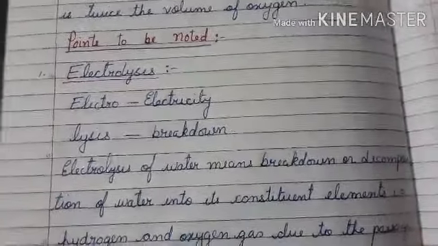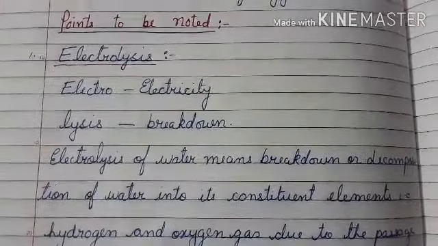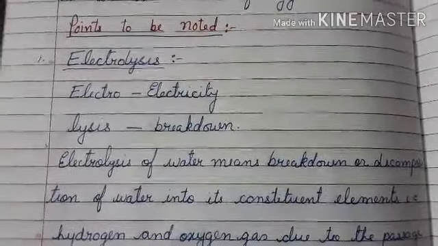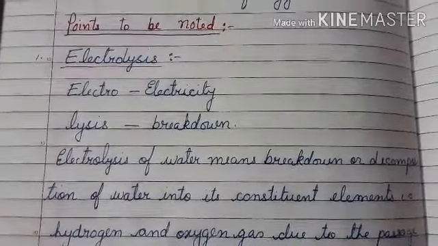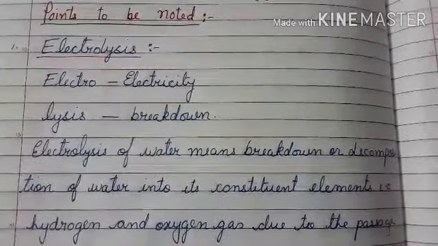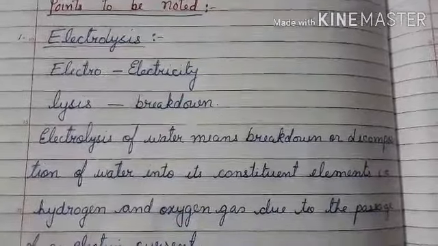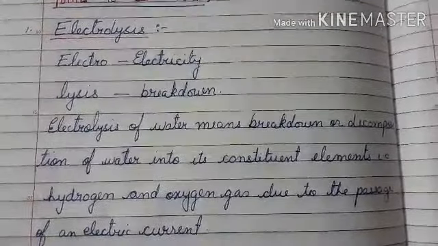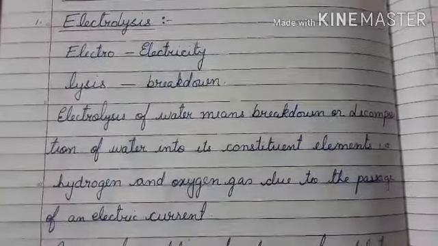Now some important points to be noted. Number 1 is electrolysis. Electro means electricity and lysis means breakdown. So electrolysis of water means breakdown or decomposition of water into its constituent elements, that is hydrogen and oxygen gas, due to the passage of electric current.